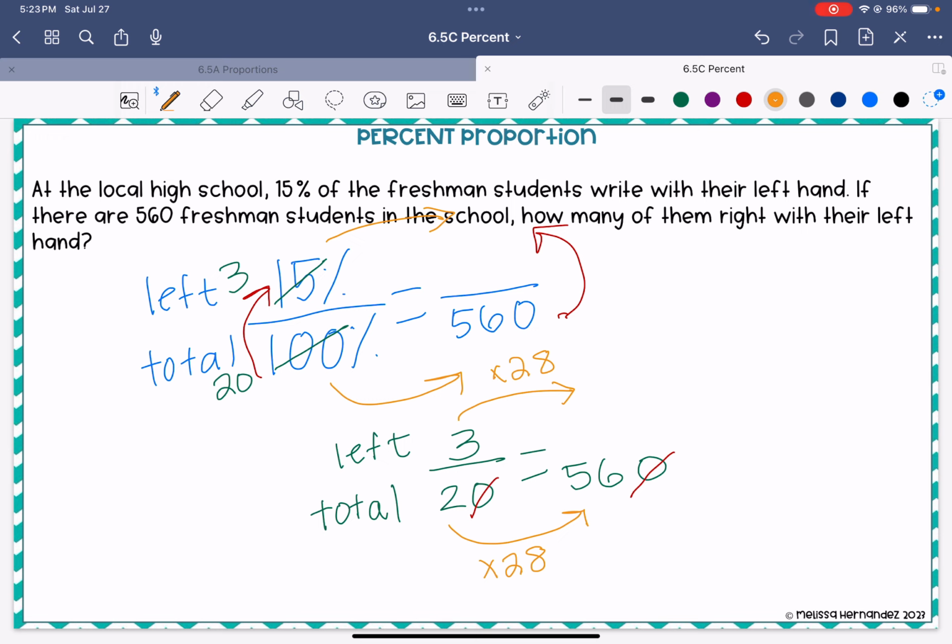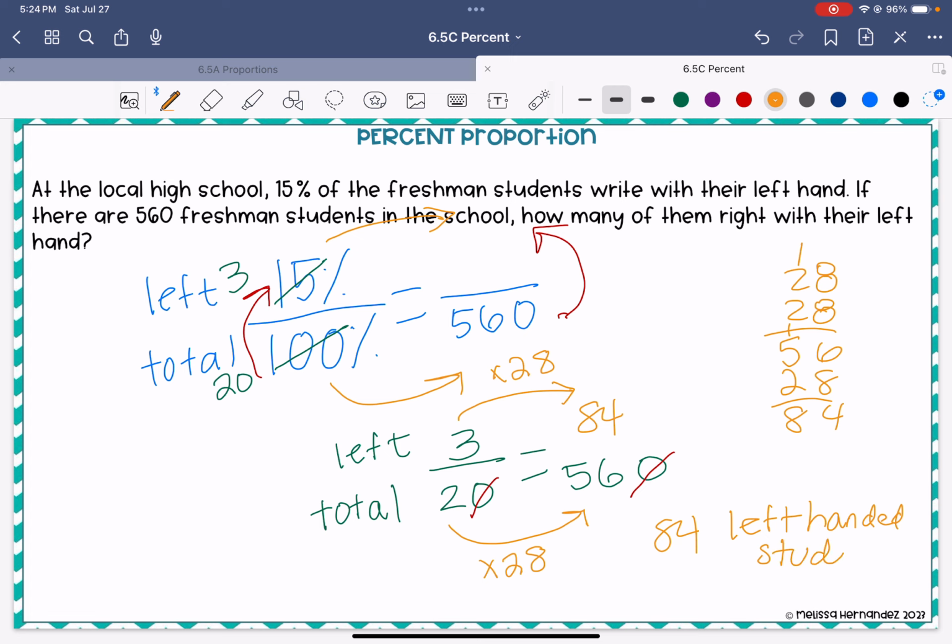So 3 groups of 28, that'd be 28, 56, and one more, so 84. So my answer would be 84 left-handed students, or students who write with their left hand, whatever works for you.